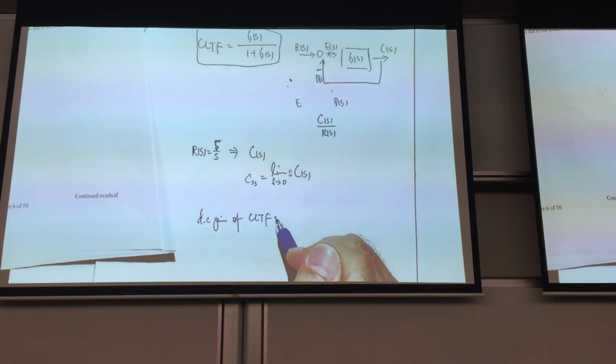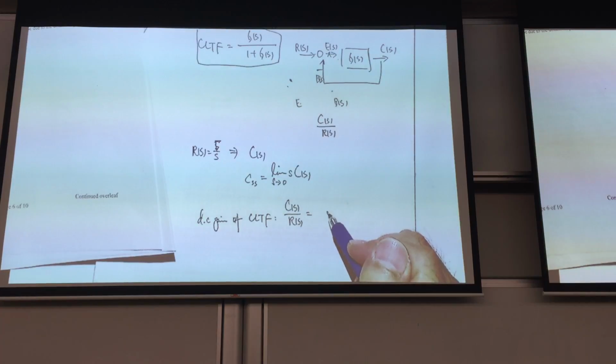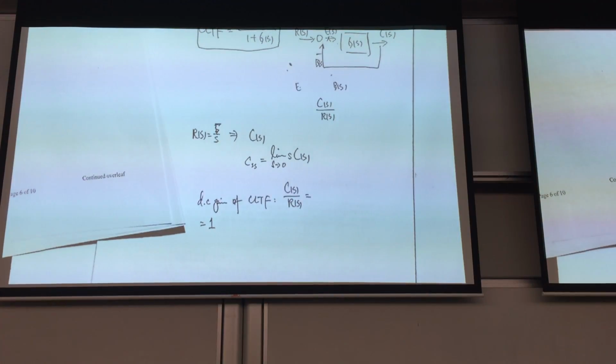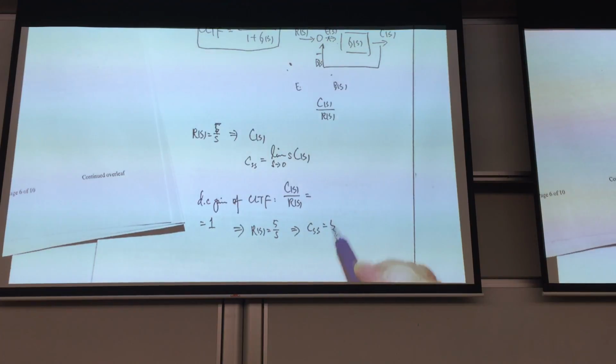Closed loop transfer function, primarily your C(s) over R(s). So if you can work out your DC gain, and if your DC gain is equal to 1 for the closed loop transfer function, what will be the steady state value? Your c_ss, when your input R(s) is equal to 5 over s, is going to be equal to 5.